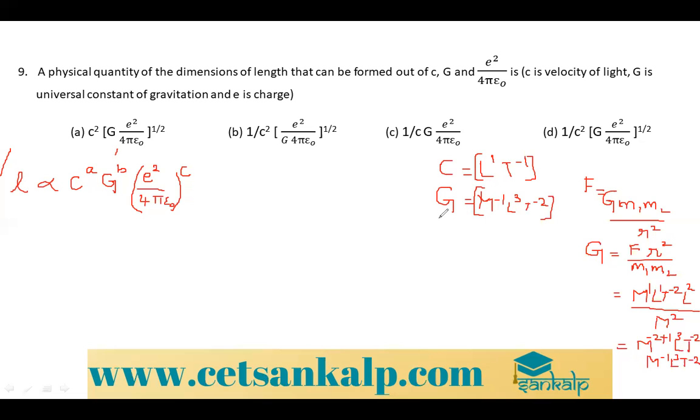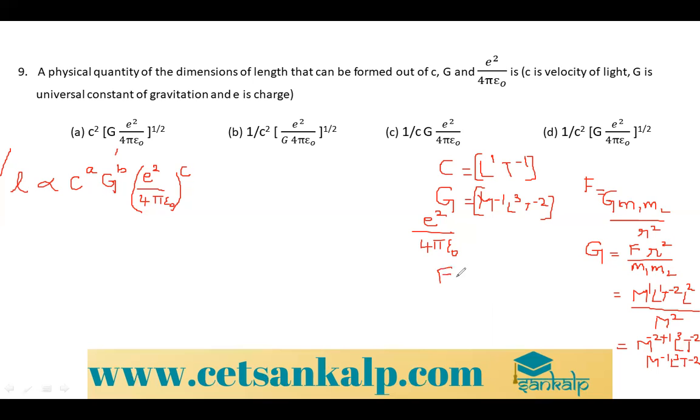Finally, next we have e square divided by 4 pi epsilon naught. So first we'll see which formula it is related to. We have studied this in electrostatics.